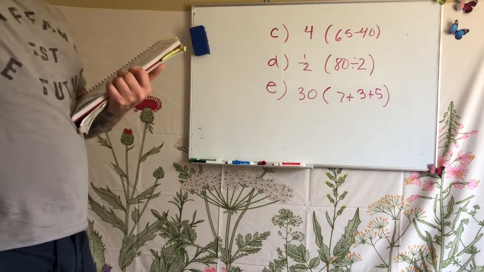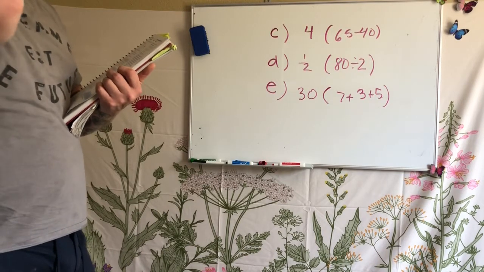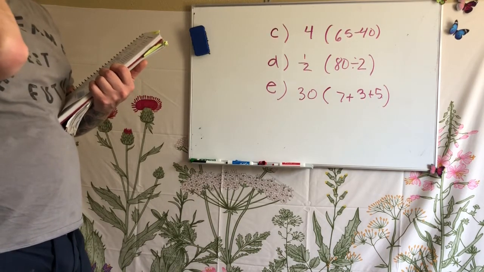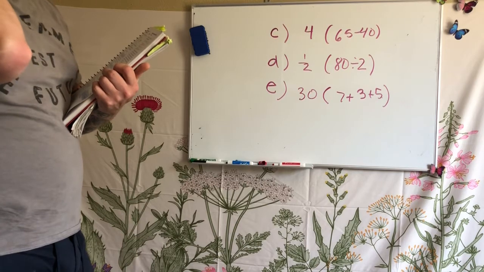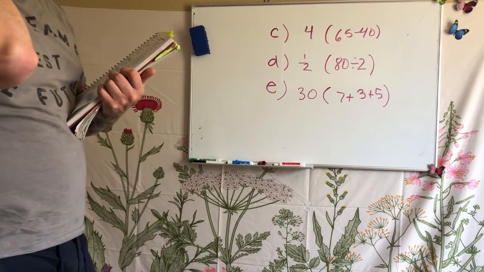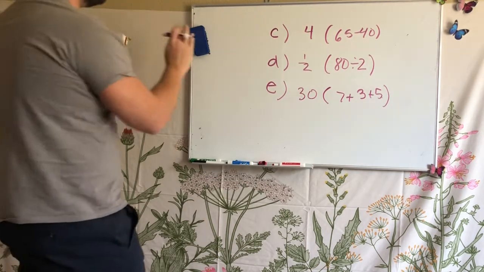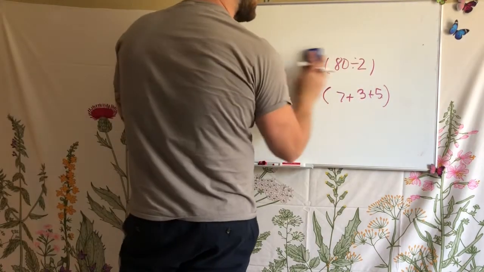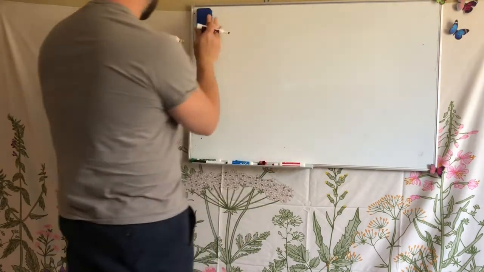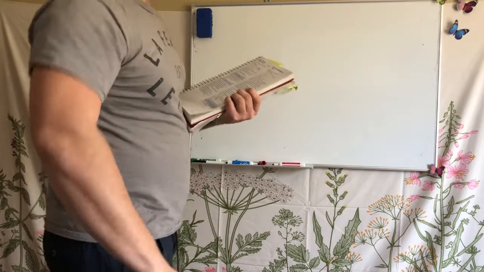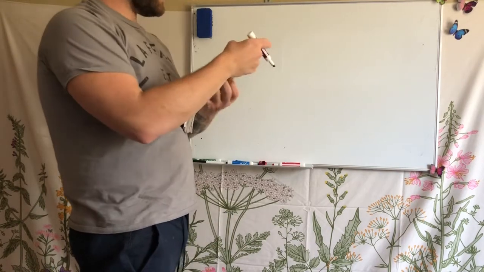This is how you set it up. You're not solving them, you're just setting up what it's asking you to do. All right, pause the video and find part 2 in your textbook.